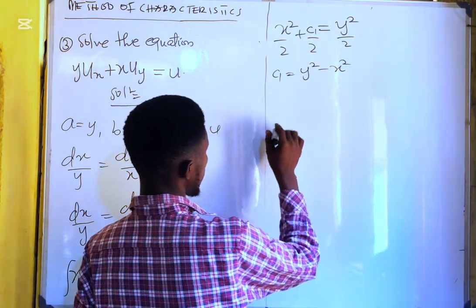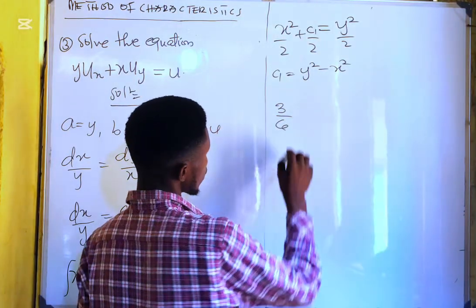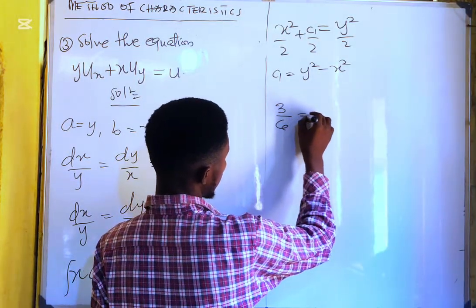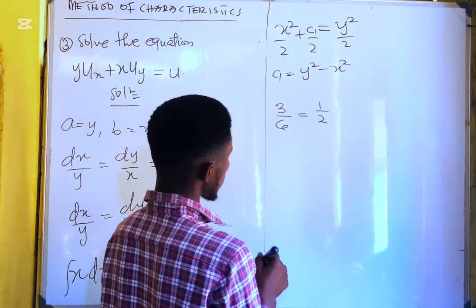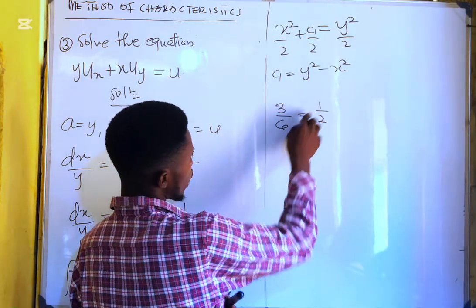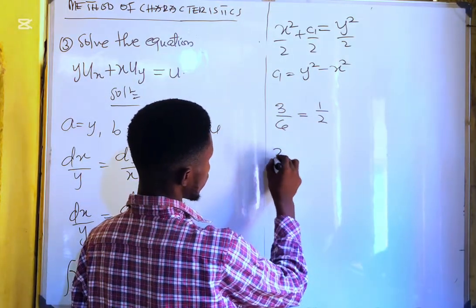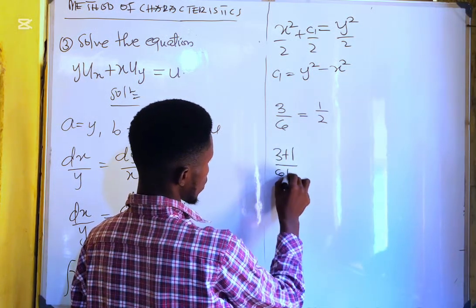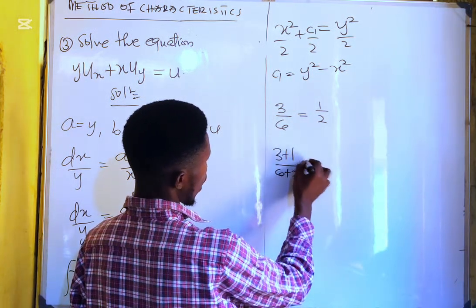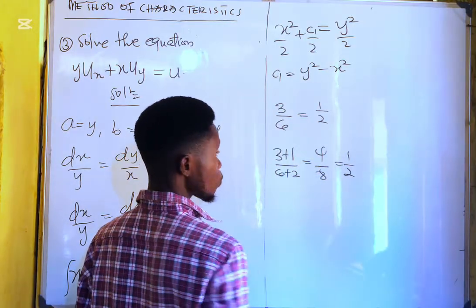You know, if we have 3 over 6 like this, the answer will be 1 over 2, right? So what this means is that if I add 1 to the 3 and 2 to the 6, I'll have 4 over 8, which is the same as 1 over 2.